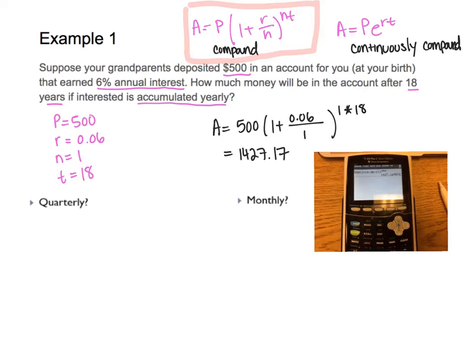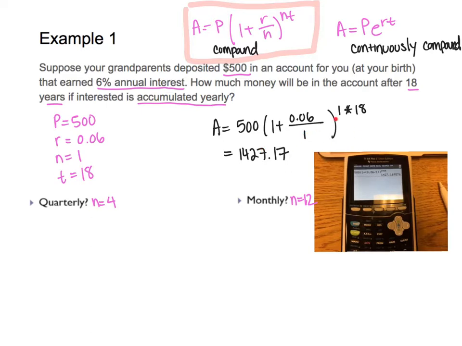Okay, so now I am going to calculate the quarterly and monthly. For quarterly, think of dollar versus quarter. I'm going to be compounding 4 times a year. Whereas monthly, I would be compounding 12 times a year. So I just need to change my n value in that same function that I have here.